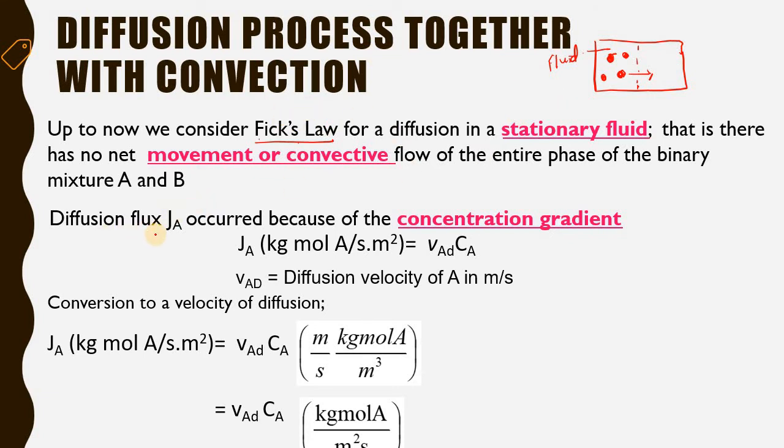Diffusion flux of A occurs because of the concentration gradient. I think you already understood this concept.